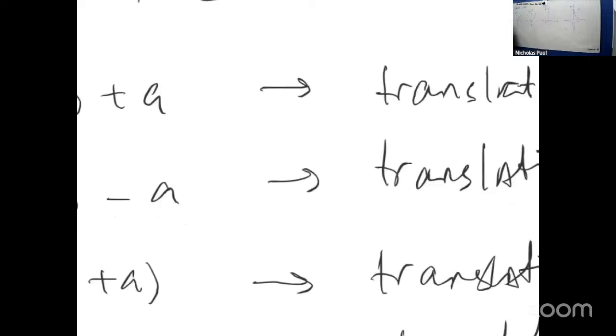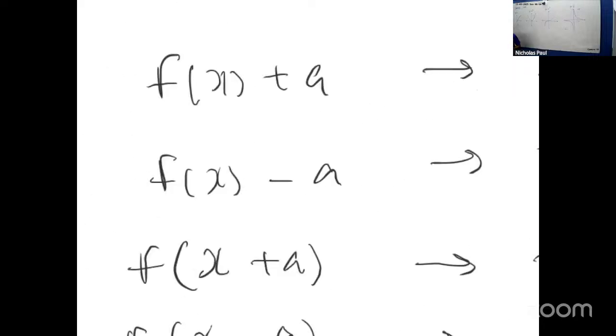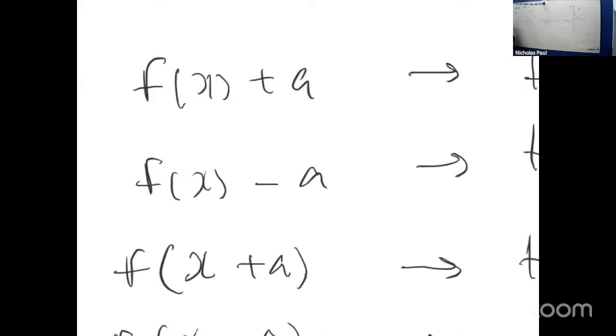What would minus a do? Minus on the outside will do what? It will drop the graph down. So if it's minus 4, it will bring the graph down 4. That's okay? Write that down.